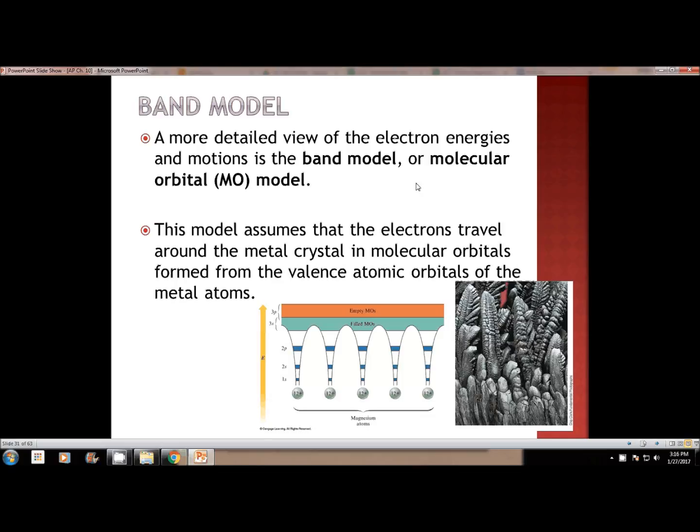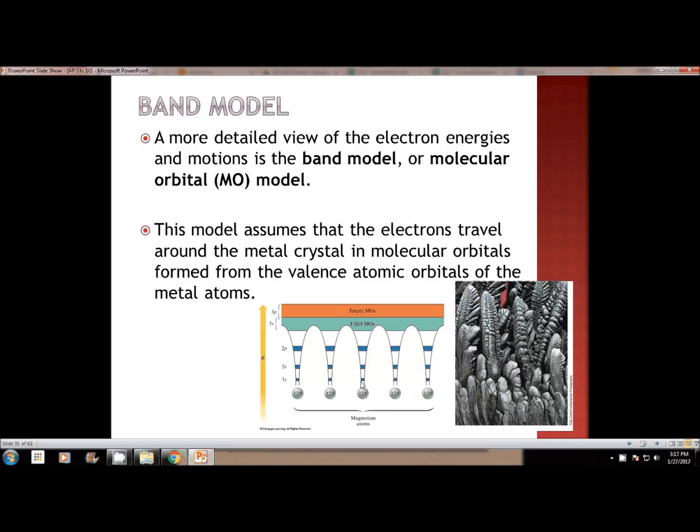A more detailed view of the electron energies and motions is called the band model or molecular orbital model. This model assumes that the electrons travel around the metal crystal and molecular orbitals are formed from the valence atomic orbitals of the metal atoms themselves. This is again something that we kind of skipped over in previous chapters because it's not really covered on the AP exam. But this picture is kind of cool.